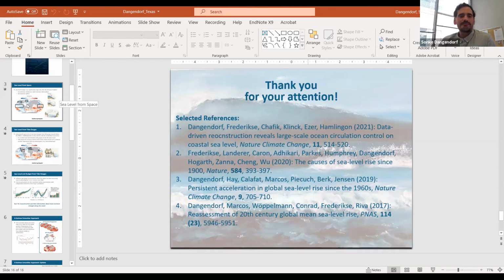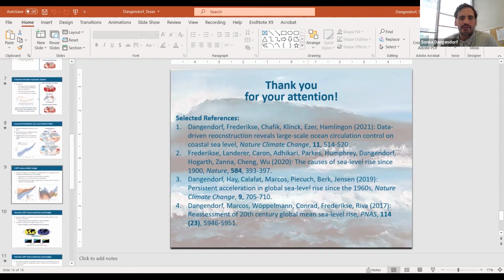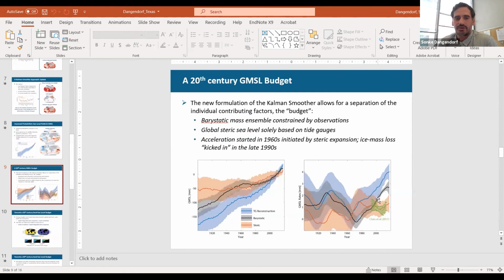Yes, maybe step by step, I fully agree with the statement. Internal variability is a very, very important factor. And if we just look, for instance, at the global average curve that we got, we nowadays have estimates that the satellite record, the global average, shows an acceleration, right?